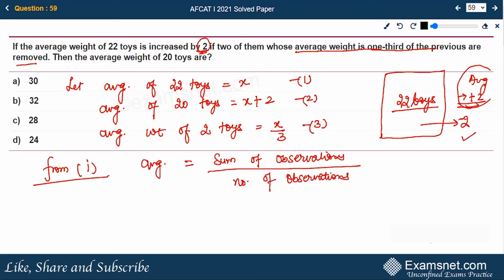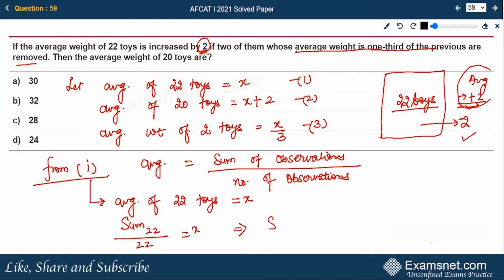So in the first case, from 1, average of 22 toys is equal to x. That is, sum of weight of 22 toys divided by 22 is equal to x, which gives you sum of weight of 22 toys is equal to 22 into x.